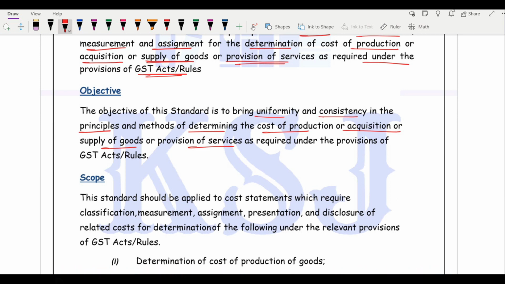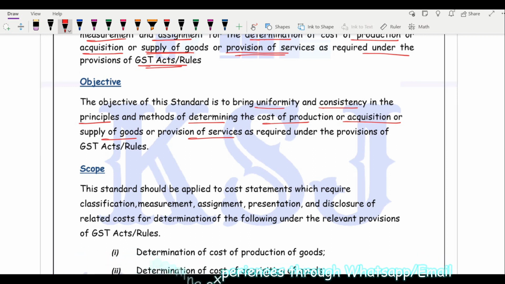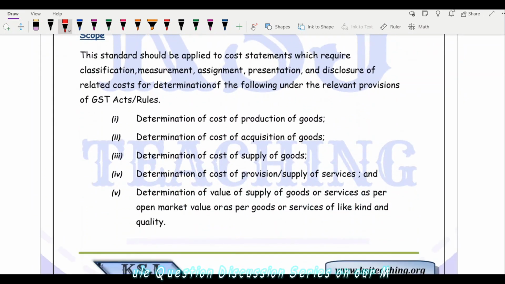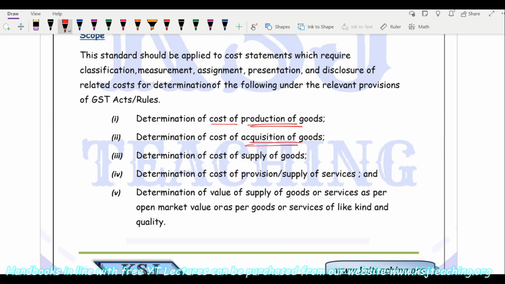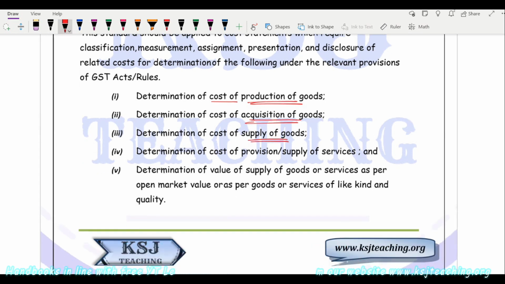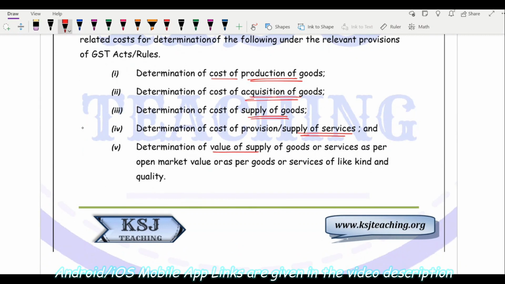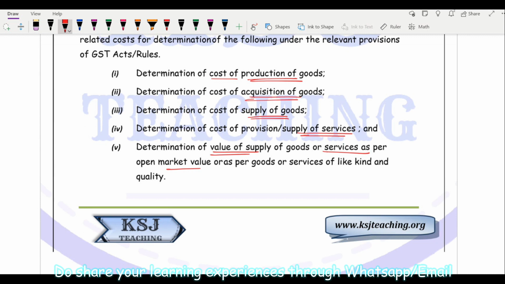So after the introduction of GST, this cost accounting standard 4 was revised. The scope remains the same, that what you have to determine is the cost of production of goods, cost of acquisition of goods, cost of supply of goods, cost of provision or supply of services, and determination of the value of supply of goods or the services as per the open market value or as per the goods and services of like kind or quality.